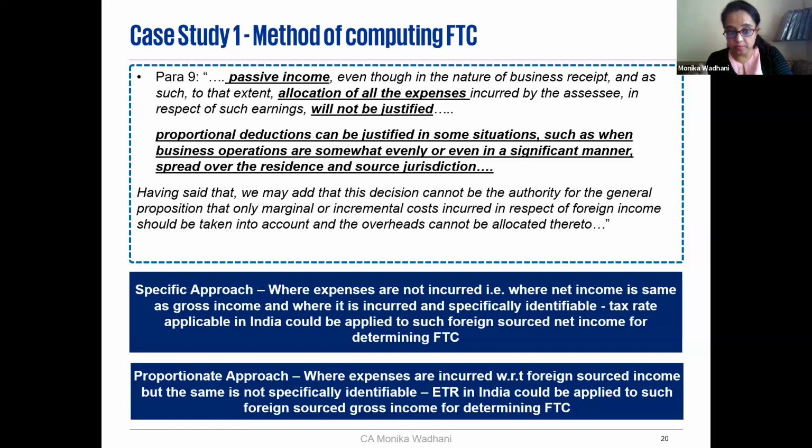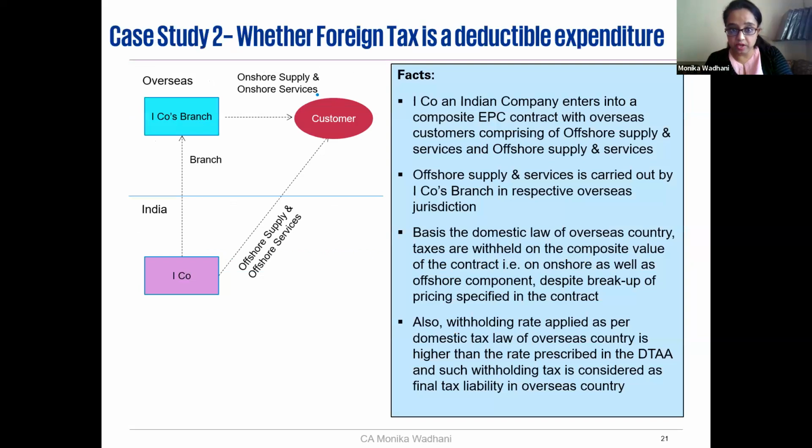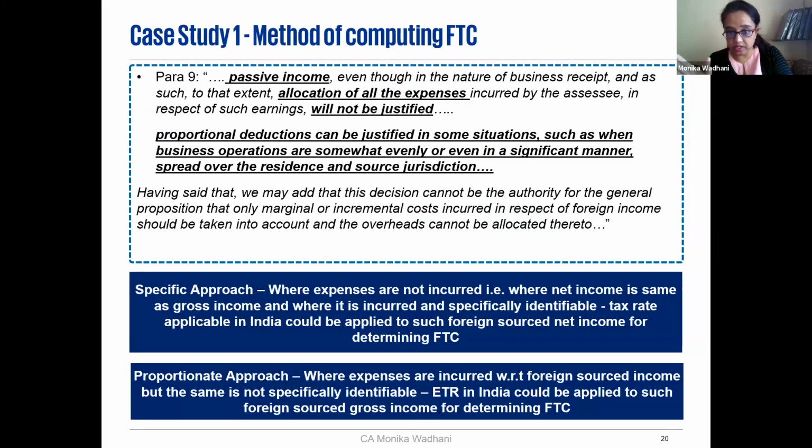However, when it comes to Afghanistan, we have another ruling, wherein the court has held that there is no treaty as far as India and Afghanistan is concerned vis-a-vis this taxation, and you have to go to section 91.